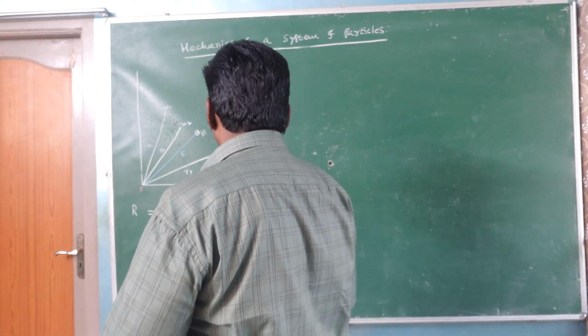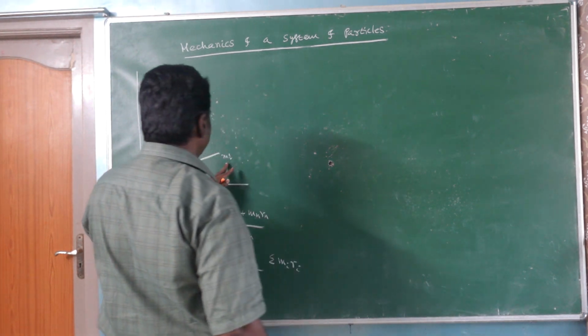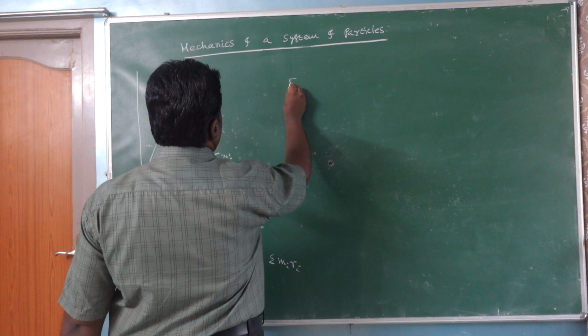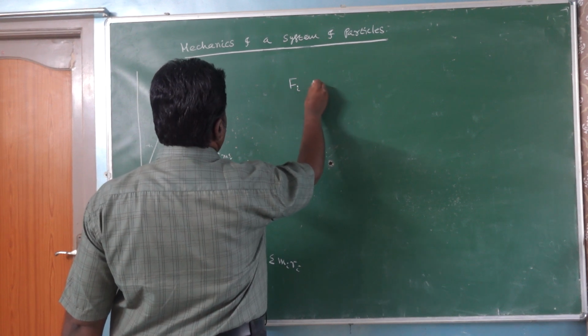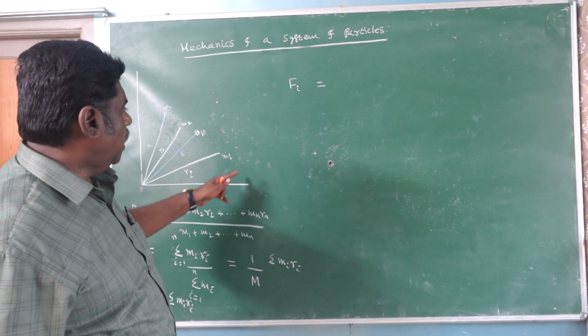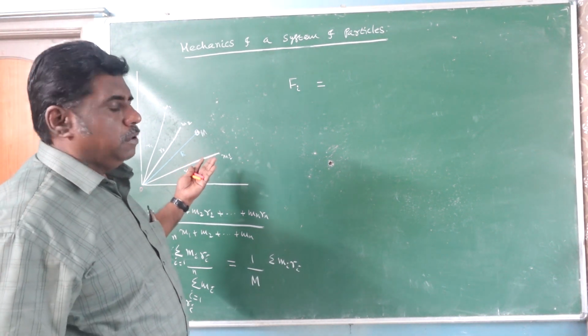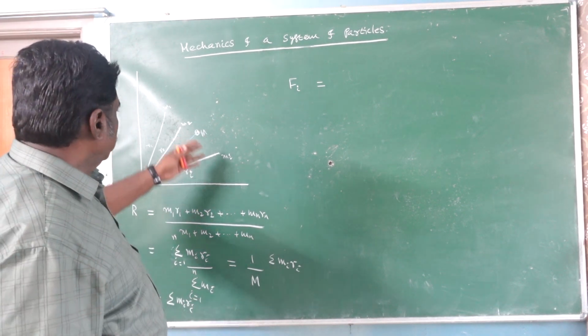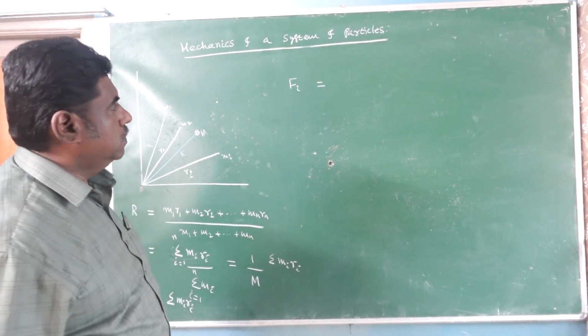For that, consider the force acting on the ith particle. Fi denotes the force acting on the ith particle. The ith particle may be the first particle or second or whatever it may be, because the system is having n number of particles.